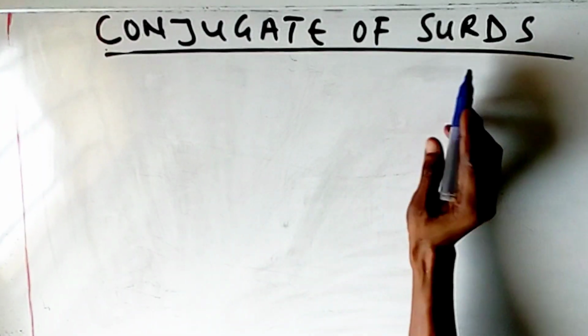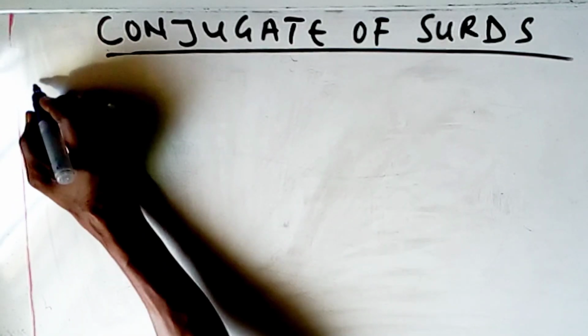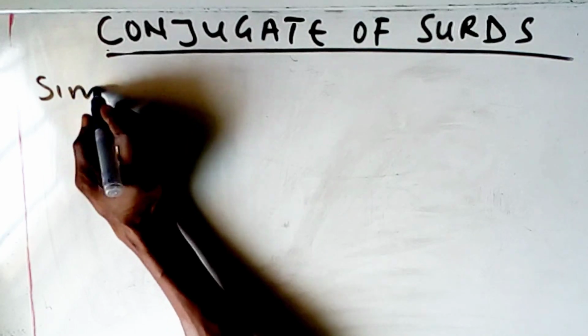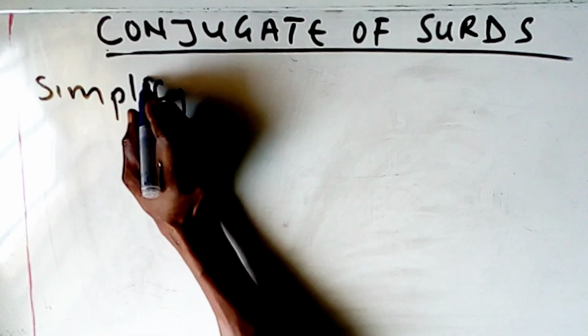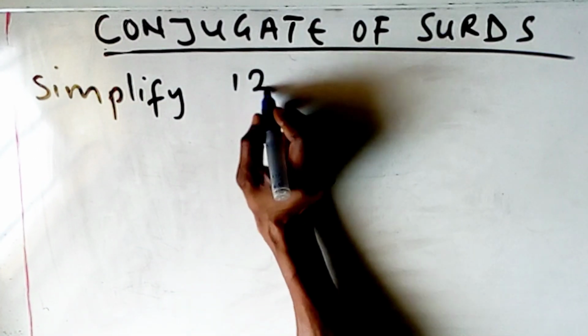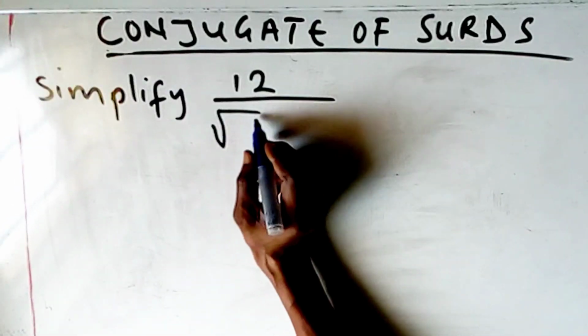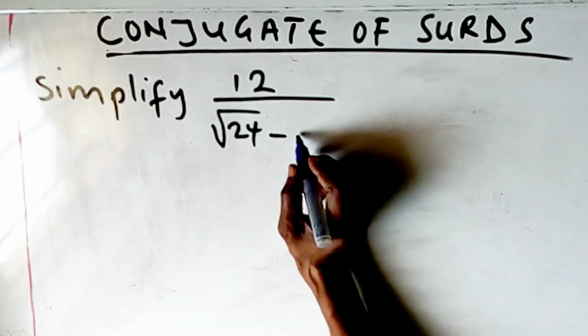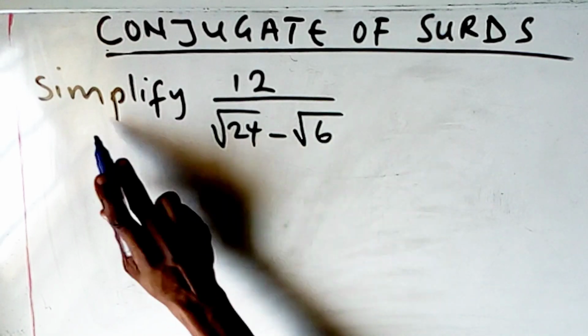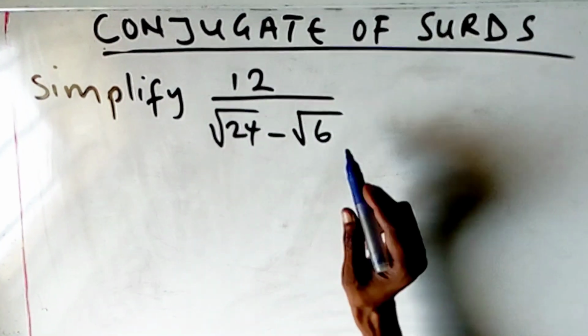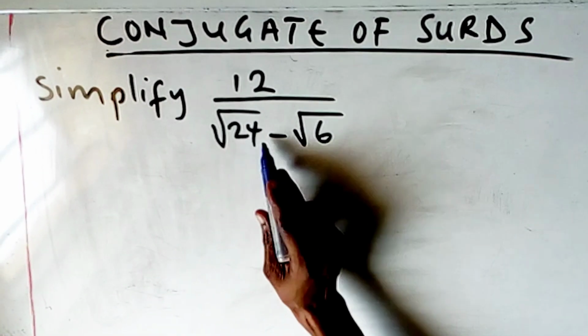Now, conjugate of surds. Let's see some example here. We have to simplify 12 over root 24 minus root 6. Now we're going to look for the conjugate of root 24 minus root 6.